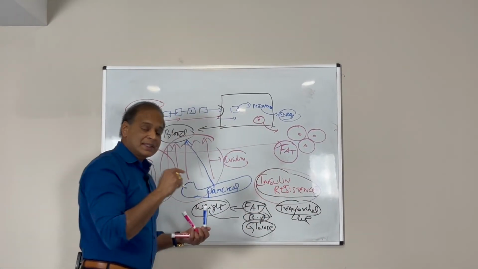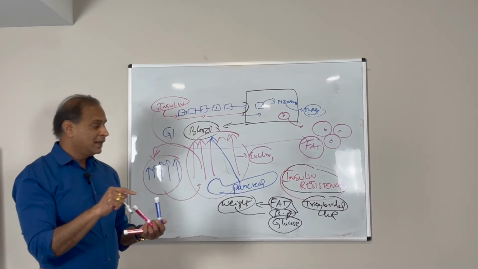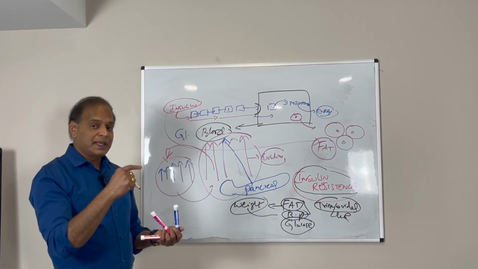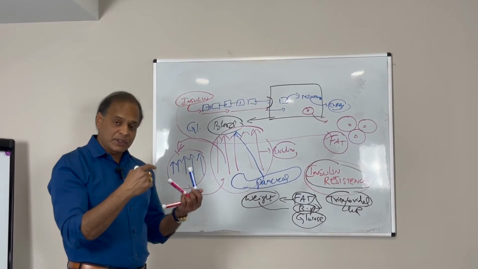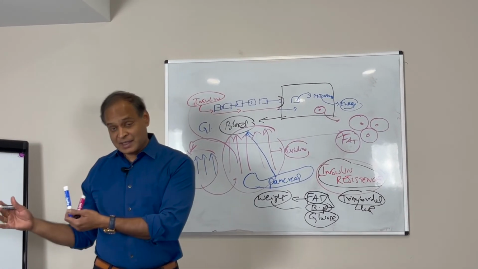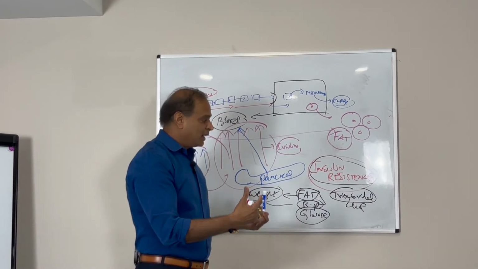I will explain this again and again in more detail, as we go into the topics of how this insulin resistance presents differently in different cells, and we give different names.